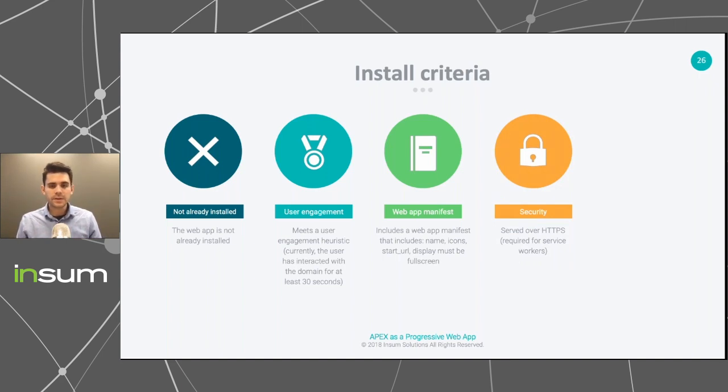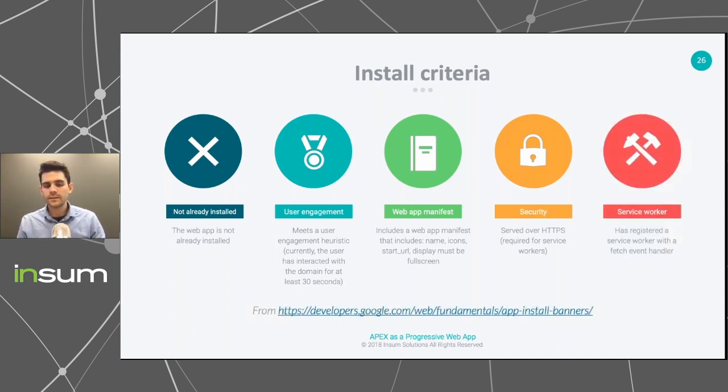Your application has to be served over HTTPS, which is required for a service worker anyways. And last but not least, your application has to serve a service worker with a fetch event, which we will explain a little bit later.